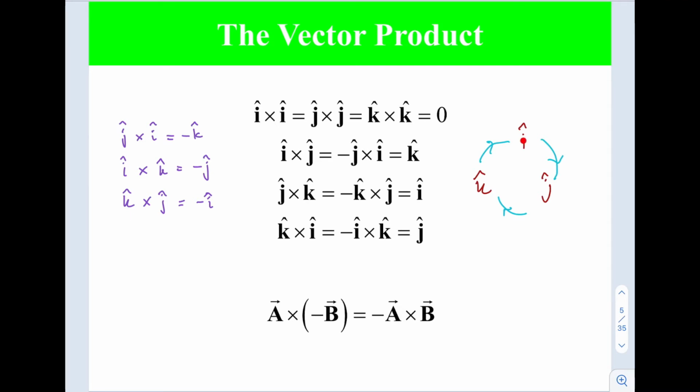By right, k cross i gives us positive j, but if we put i cross k, we will have negative j. So if k cross j is in the opposite direction to this, k cross j will give us negative i.